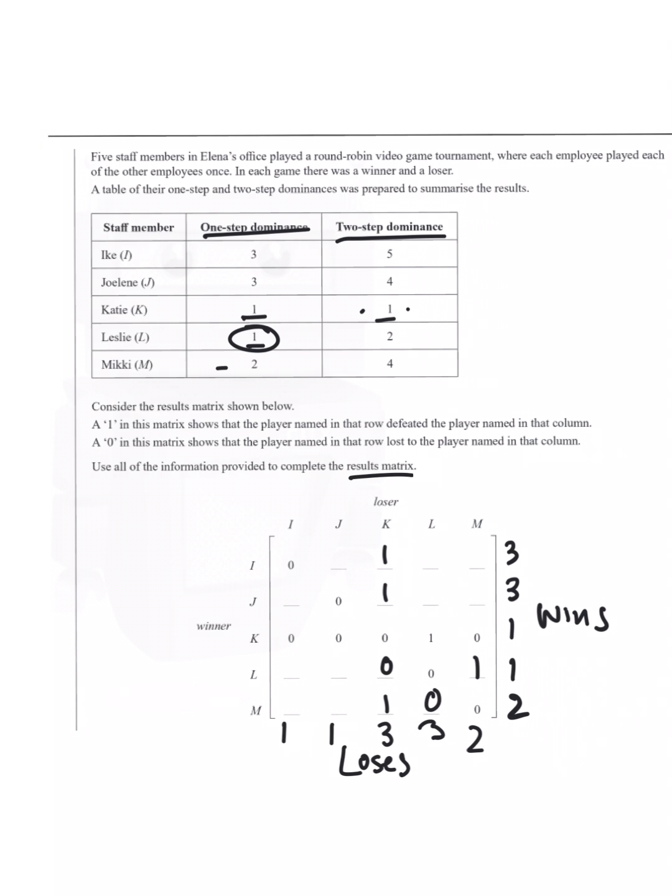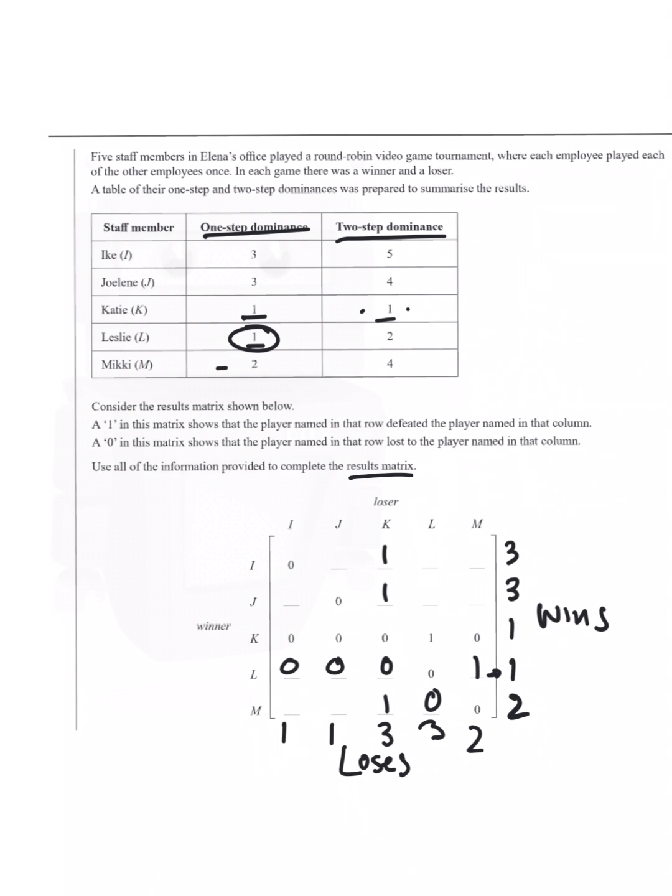And like I was saying with the rows, Leslie has 1 win over here. She's already got that 1 win, which means these are losses. If we do symmetry, we've already sort of done those too. I'm just making sure I've got all the symmetrical stuff. I think I have.